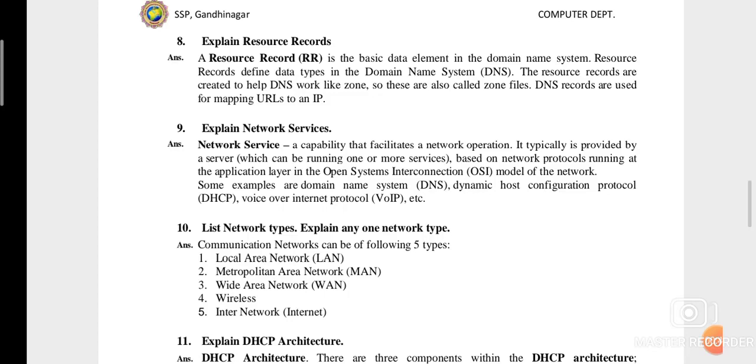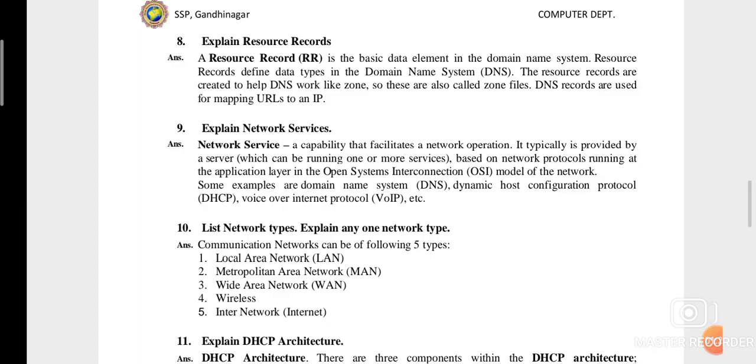It is nothing but the basic data element in the domain name system, and resource records define data types in the domain name system. The resource records are created to help DNS work like a zone.